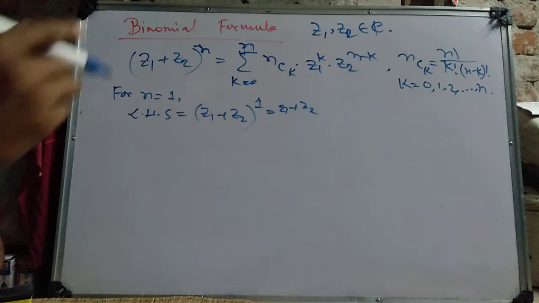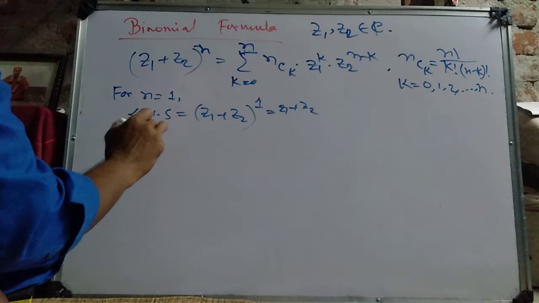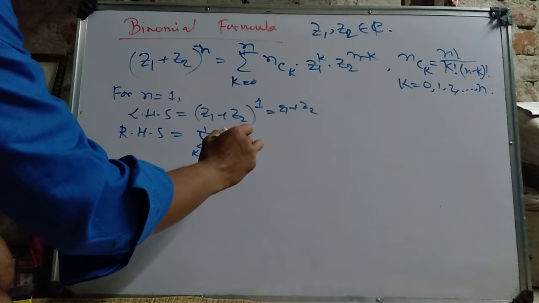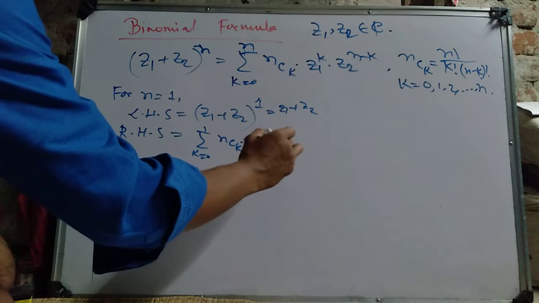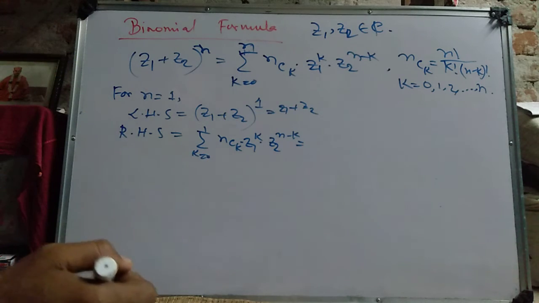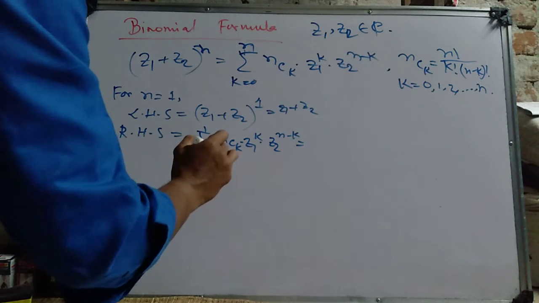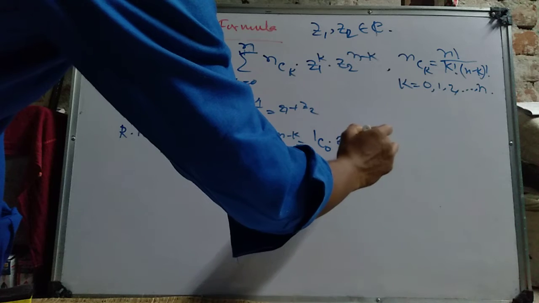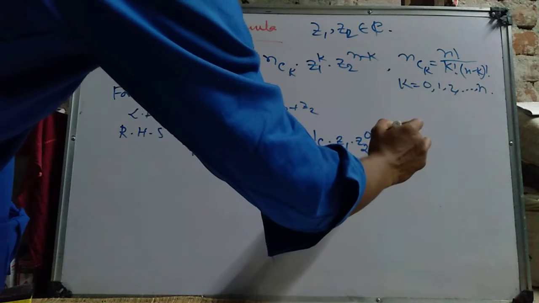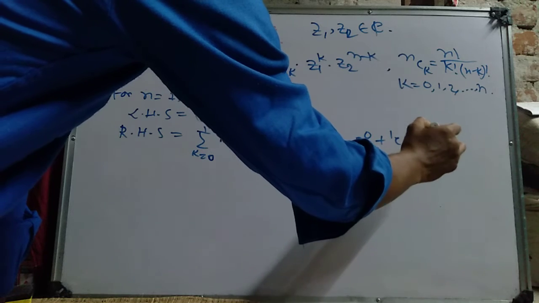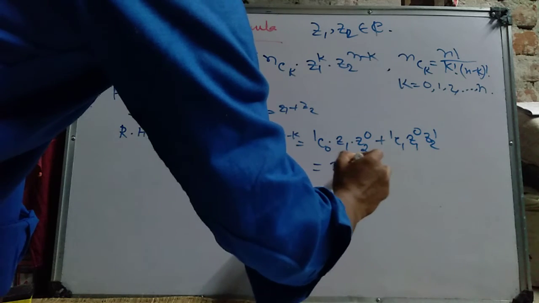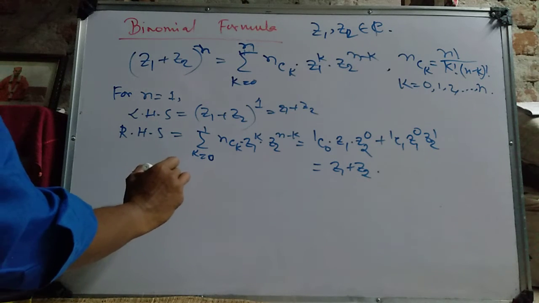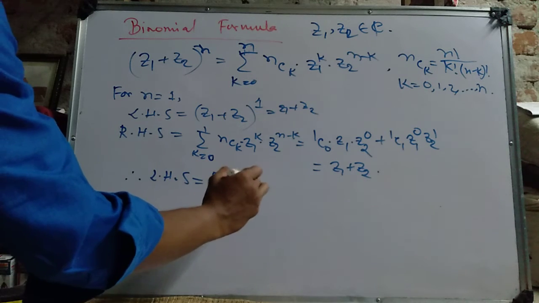Next we talk about the right hand side: the summation k equal to 0 to 1 of nCk z1^k z2^(n-k) equals 1C0 z1^0 z2^1 plus 1C1 z1^1 z2^0, which is z1 + z2. So left hand side equals right hand side. Proof.